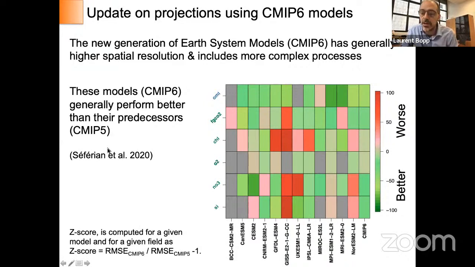So the first point I'd like to make is in terms of evaluation of these models. So again, this is a very synthetic graph showing how the models perform as compared to observations, comparing the latest generation, CMIP6, to the previous generation, CMIP5.